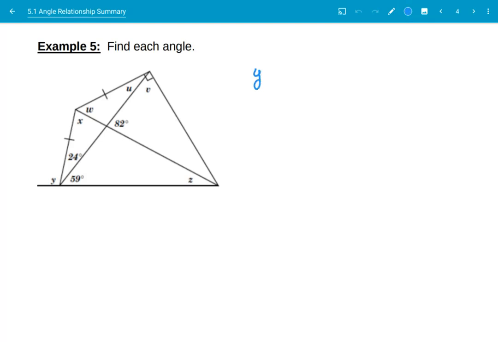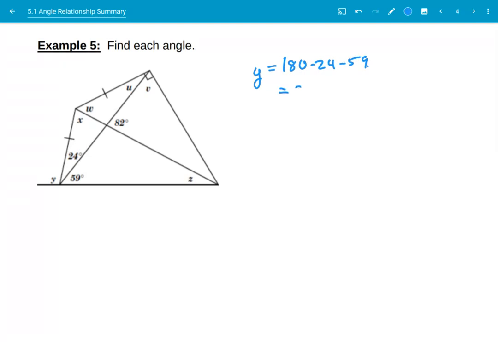Y is easy to get, but it doesn't take us very far. 180 minus 24 minus 59, right? 97 degrees. And this is because there's a straight line along the bottom there, supplementary angle, so we'll add it into the diagram. But notice how that's outside. I'm not sure how much that's going to help us, but there we go. Oh, no, can't get anything else right away that I can see.